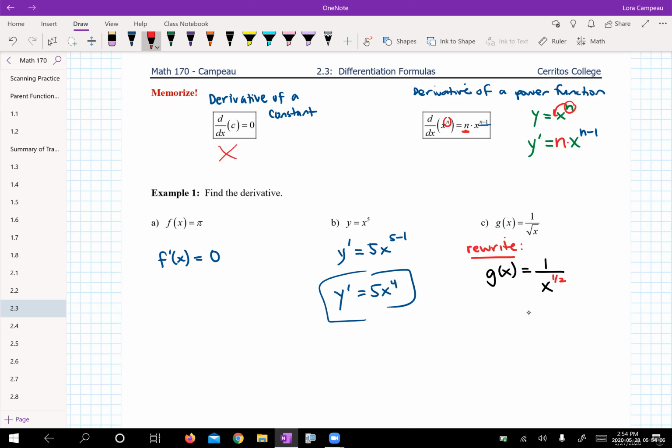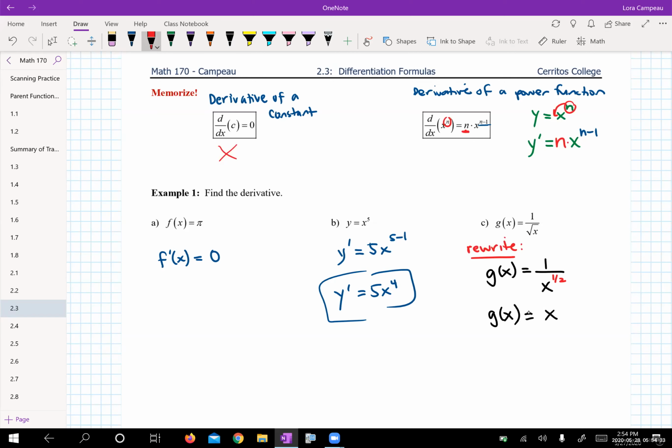And so that's getting a little closer to the property above, or the shortcut above. But in order for me to apply this property, I need to make sure that I don't have any fractions going on. So one more algebra thing from our past: whenever you see powers in the denominator, you can rewrite using negative exponents.